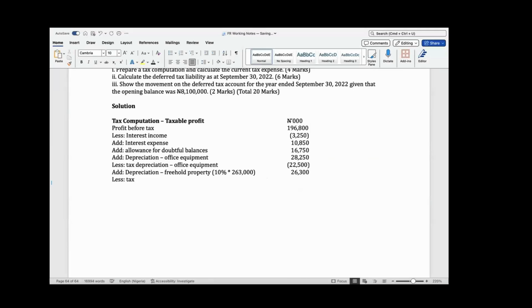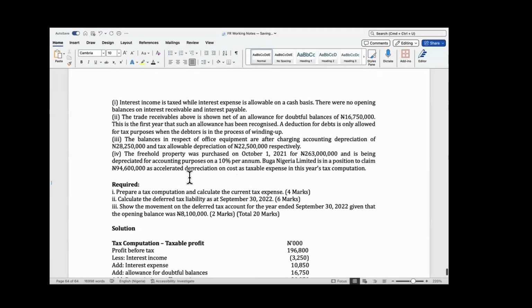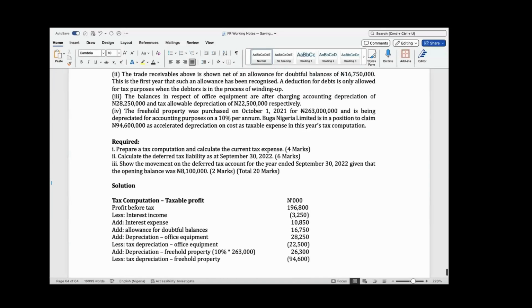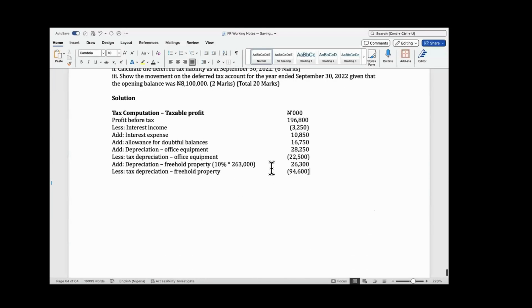I'll deduct tax depreciation on that same freehold property. And the tax depreciation was accelerated, so they are giving us 94,600. That is all.